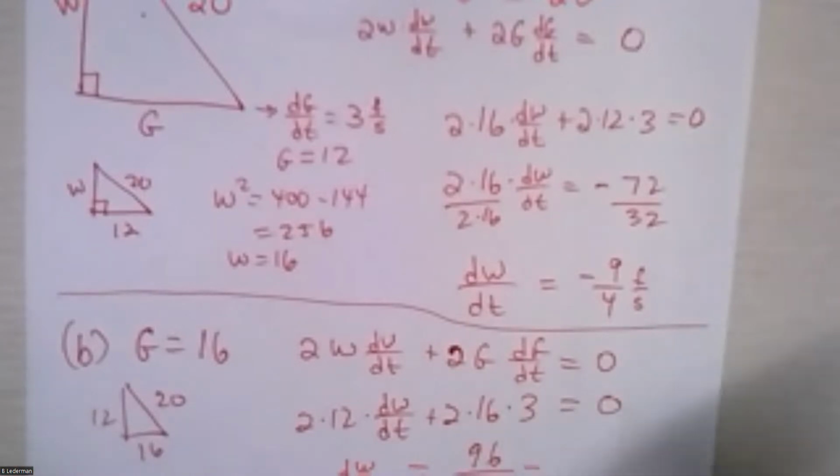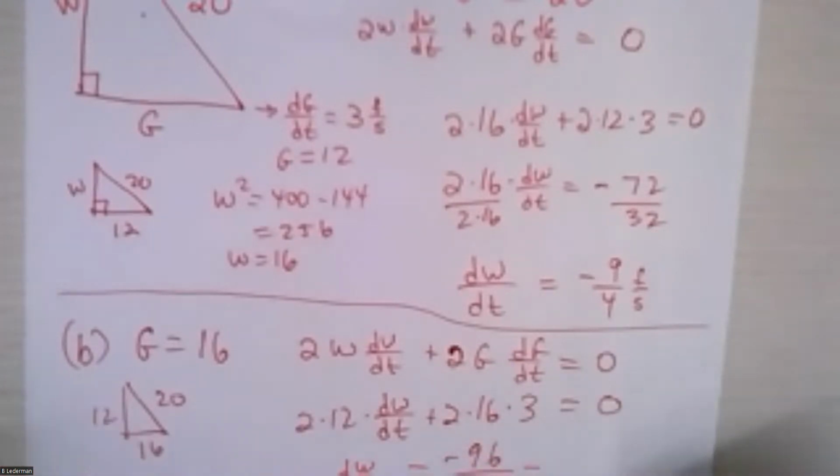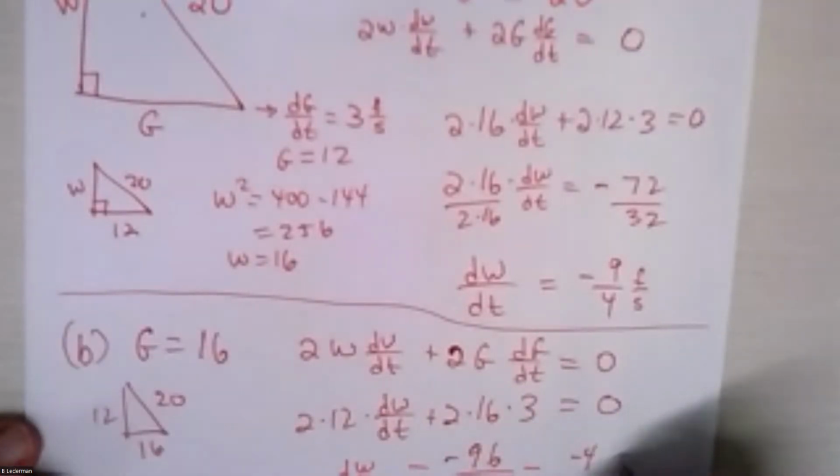Let me check my calculator. 96 divided by 24, I get exactly 4. How do you like that? It's negative 4 feet per second.